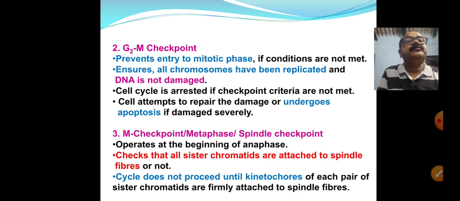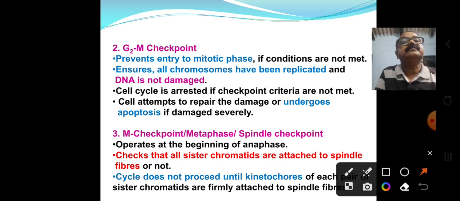The second checkpoint is the G2M checkpoint. This checkpoint prevents entry to mitotic phase if conditions are not met. This checkpoint ensures all chromosomes have been replicated and DNA is not damaged.